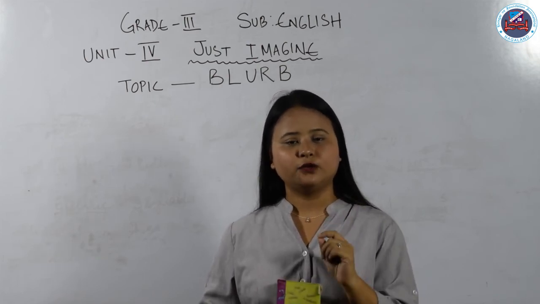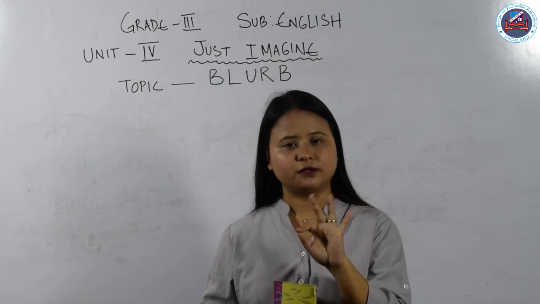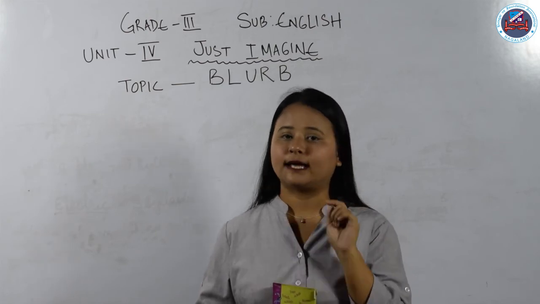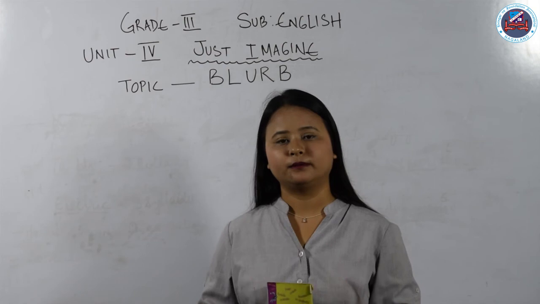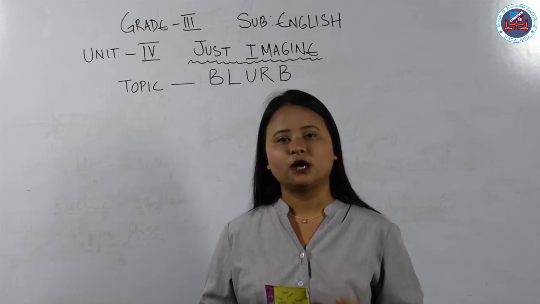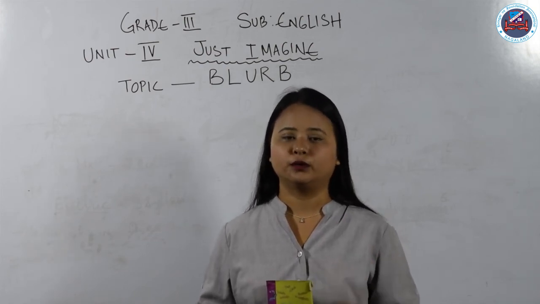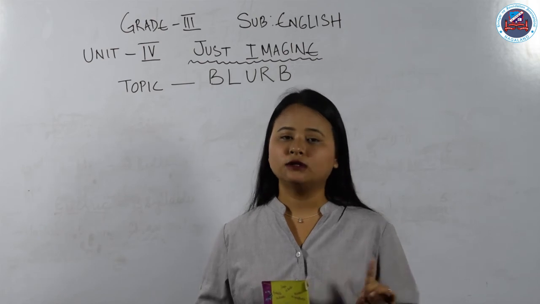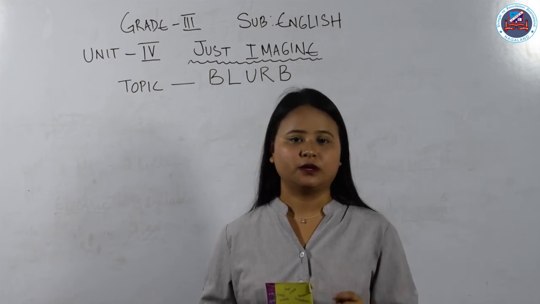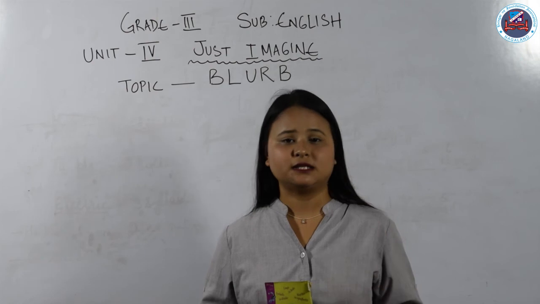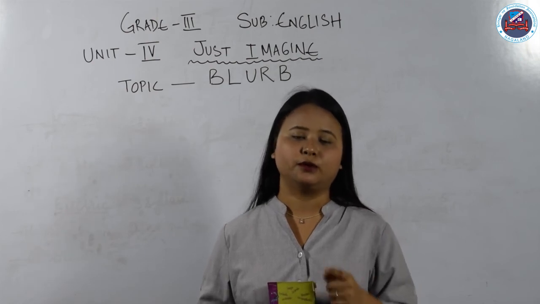Thirdly, make use of a question mark or 3 full stops, that is also called an ellipsis, at the end of your blurb so that it will keep the readers wanting to know more about the book. Next, do not spill any twist from your book because then it will be less interesting for the readers to buy your book.